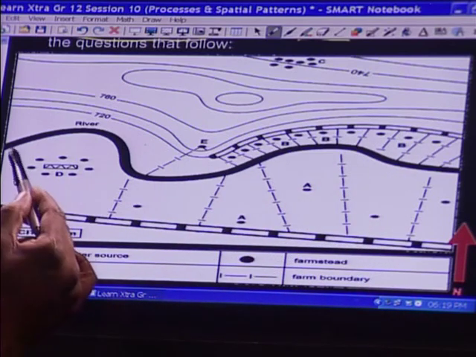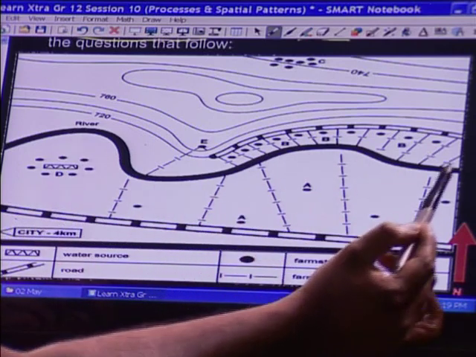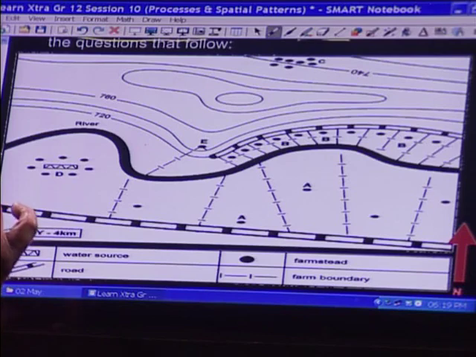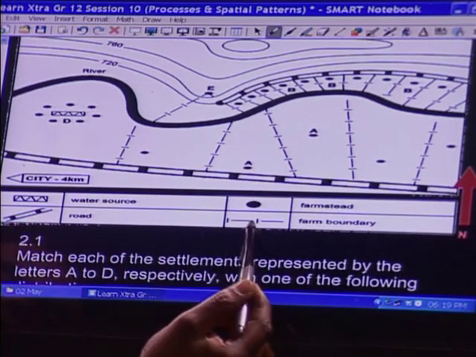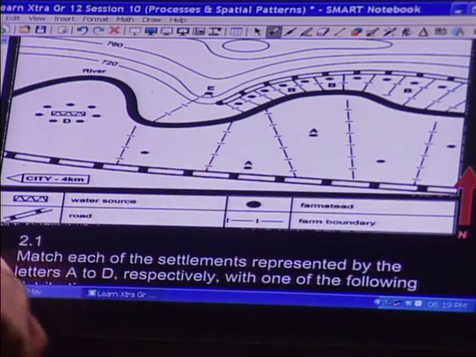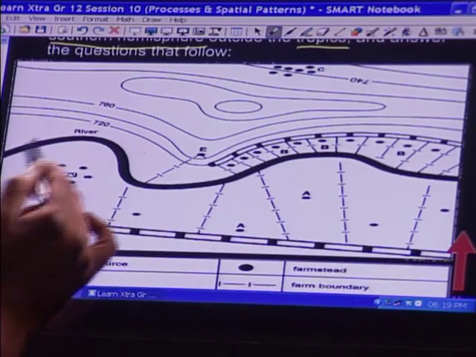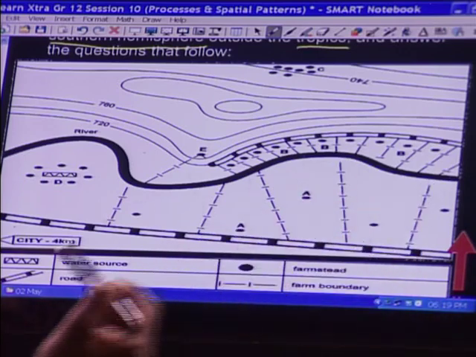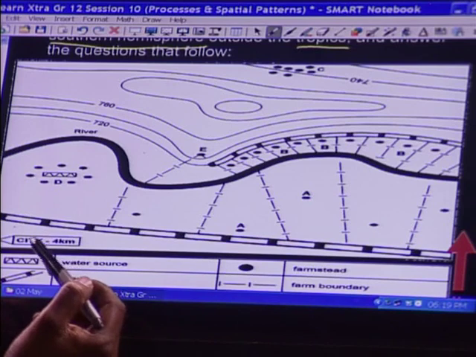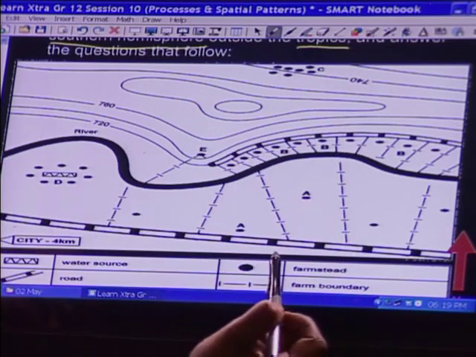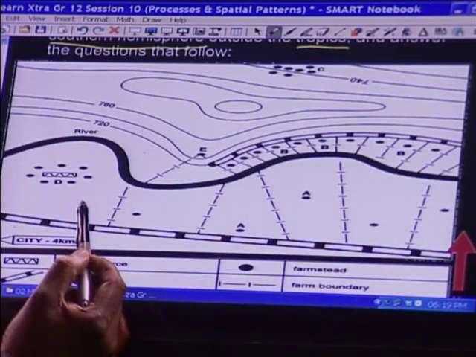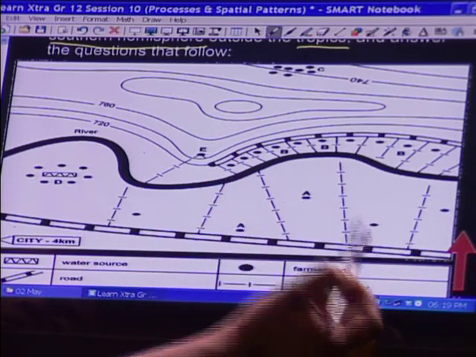You will also note that there is a feature along which this settlement is located. And if we look further into the key, you've got a farm boundary. Notice your farm boundaries, your road, which is actually this particular feature, and your water source, which is located at settlement D. In this map, we have settlement A, which already we can see is dispersed and divided by the farm boundaries.